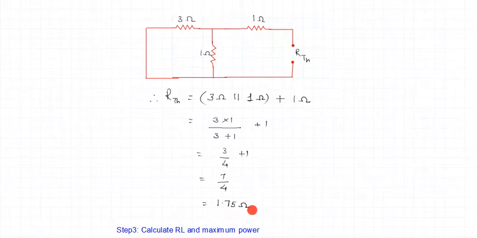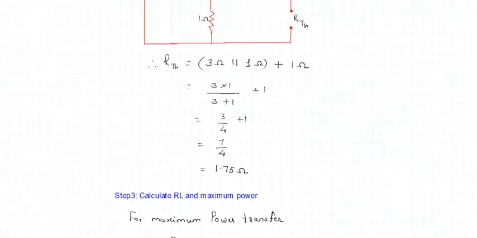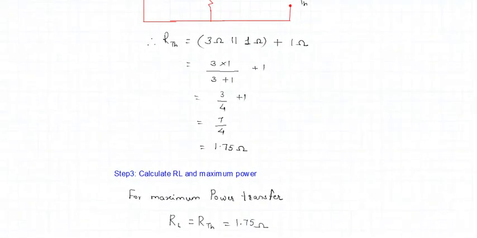So in step number 1, we calculated the equivalent voltage of the entire network. In step number 2, we calculated the equivalent resistance of the entire network. Now, with this, we are going to find the load resistance RL. To find RL, we will apply the maximum power transfer theorem.